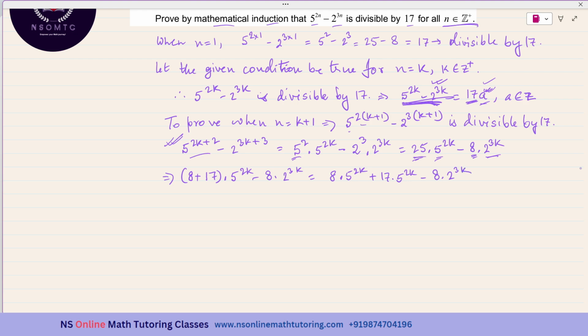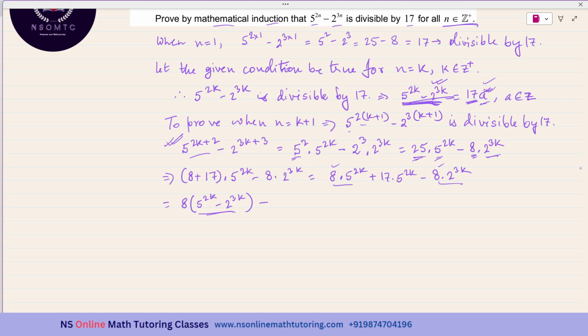Okay, so this is equal to, I'll be taking this term and this term because they are having this common coefficient 8. So 8 and 5 to the power of 2k minus 2 to the power of 3k. And this I know to be divisible by 17.